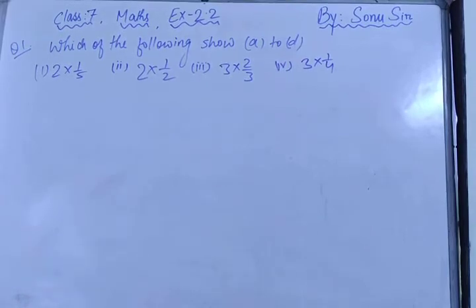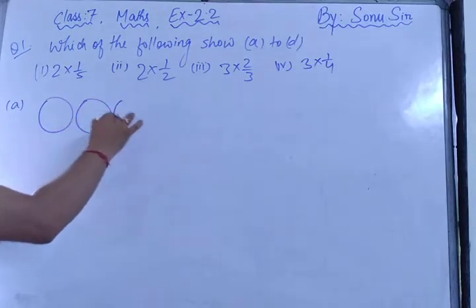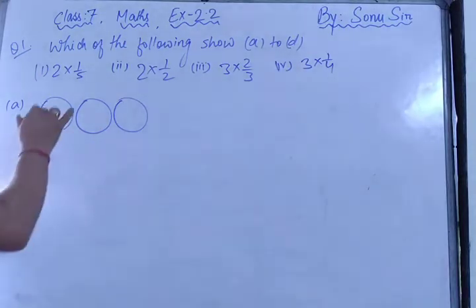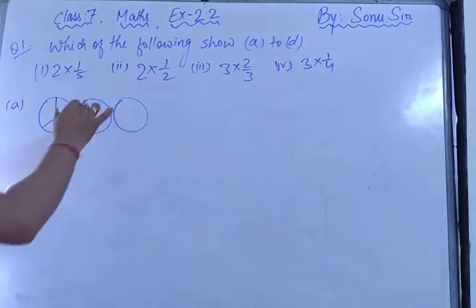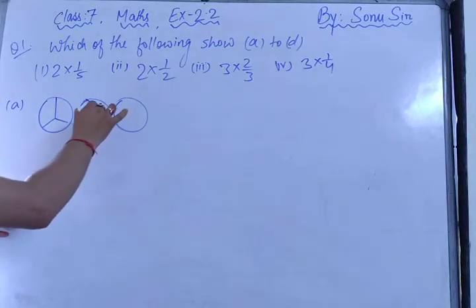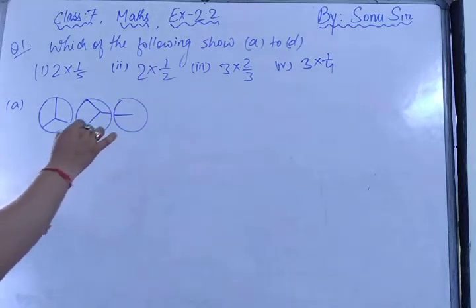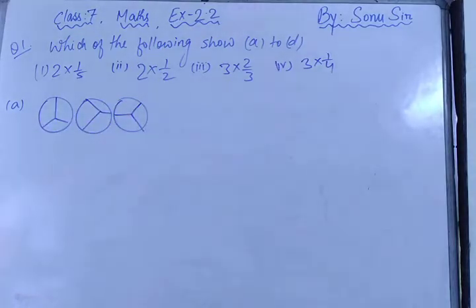In the first figure, option A, 3 circles are drawn: 1, 2, 3 circles. These circles are divided into 3 parts. In option A, two parts are colored.